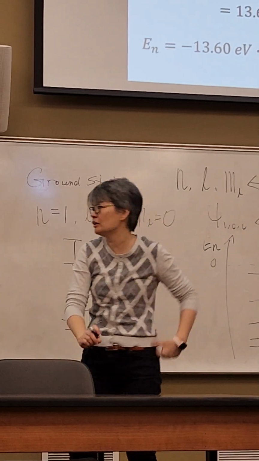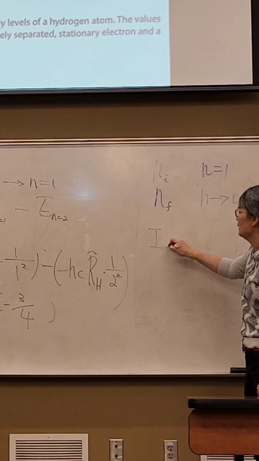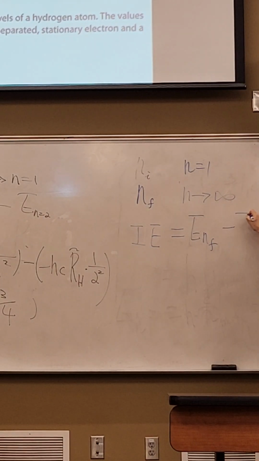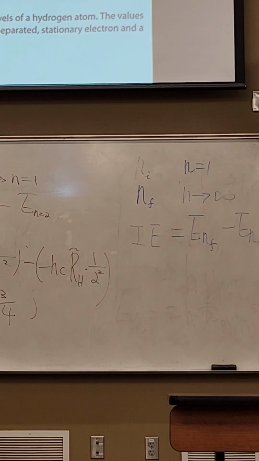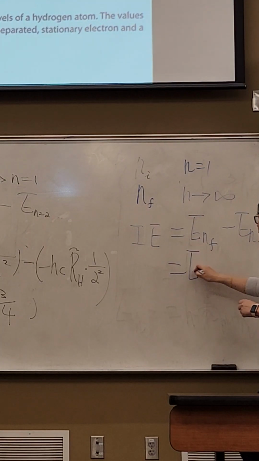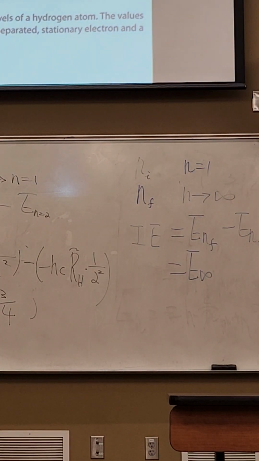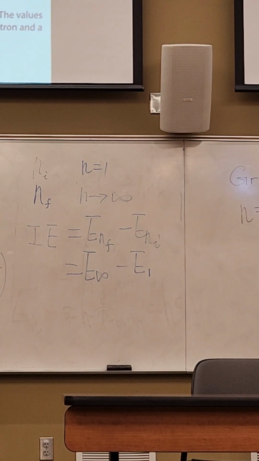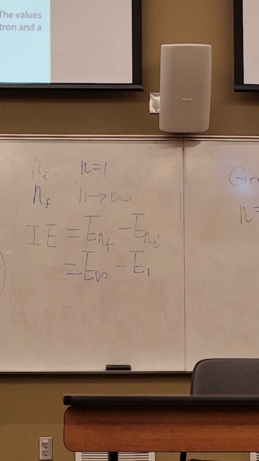So the ionization energy is really the difference between your final state and the initial state. Look at the energy diagram: the further away from the ground state, approaching infinity, minus the energy of the electron in the hydrogen atom when n equals 1.